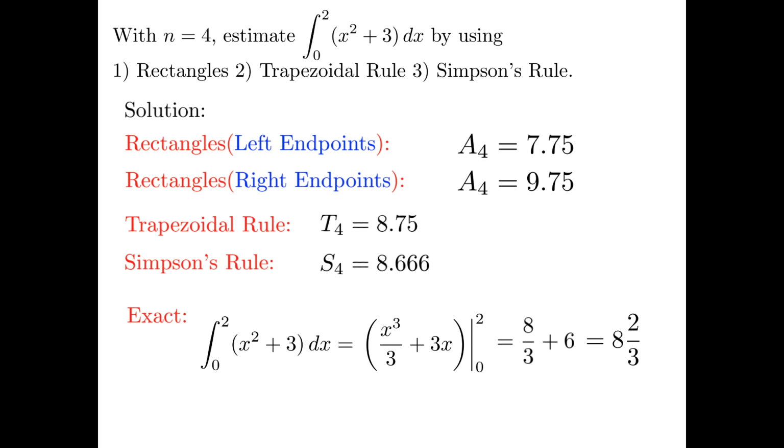That's because this was a parabola, and Simpson's rule always hits a parabola exactly, which is very cool. In general, Simpson's rule is going to be very, very close. The trapezoidal rule will be pretty close, and the left and right endpoints won't be all that close, but it's quick. So that's the trade-off in calculating things numerically.